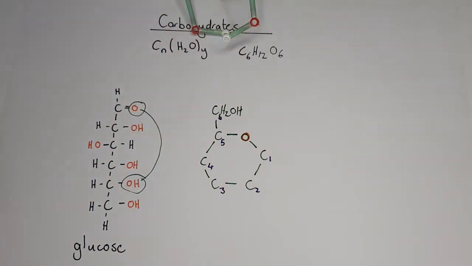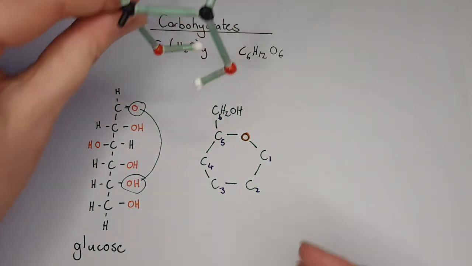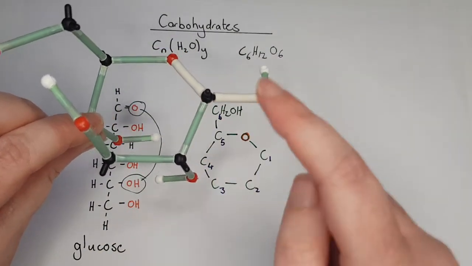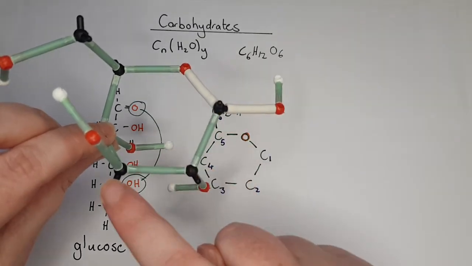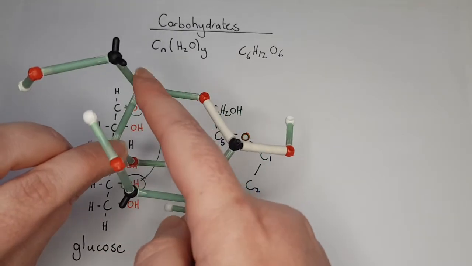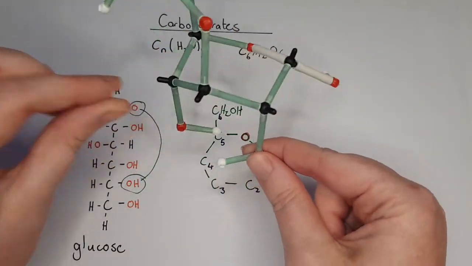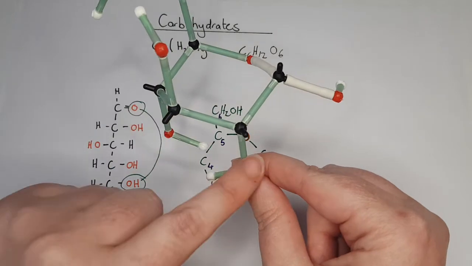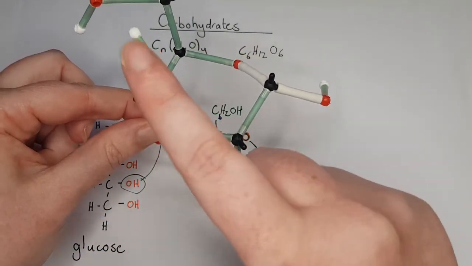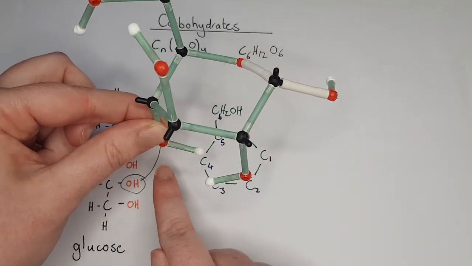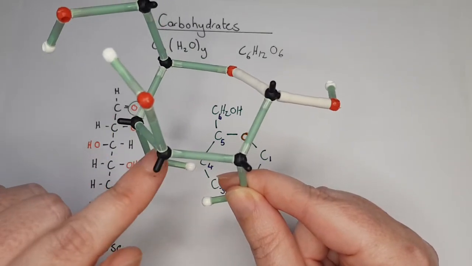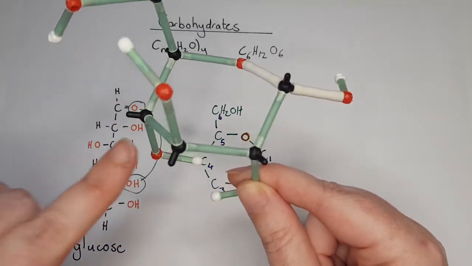Now if you look at the arrangements of those in that ring, there's the carbon 1, 2, 3, 4, 5, and there's the oxygen, and there's carbon 6 at the top of the ring. So now there is an arrangement in space of these OHs, because you see this one is facing downwards, and then this one goes up, and then that one goes down. So that arrangement there on carbon 2, 3, and 4 is always like that. It's always down, up, down.